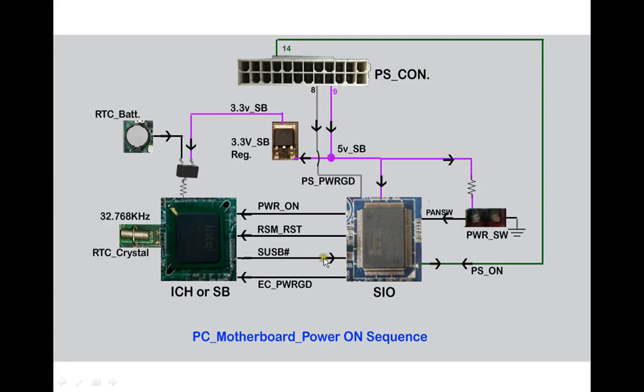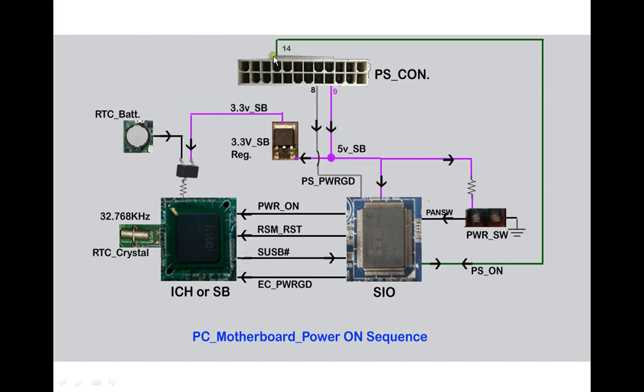Before receiving this signal the voltage at this point will be 5 volts; after receiving it, it should become 0 volts. When the voltage at the green wire, the 14th pin of the power supply connector, becomes 0, the SMPS comes into on state and releases 12 volts, 5 volts, 3.3 volts, as well as minus 12 volts.